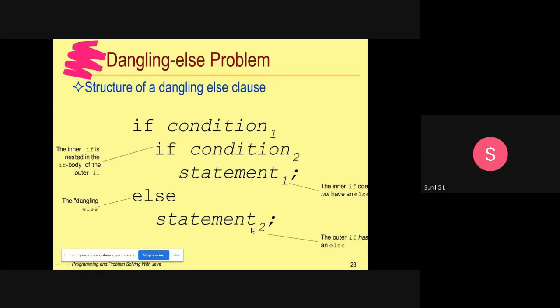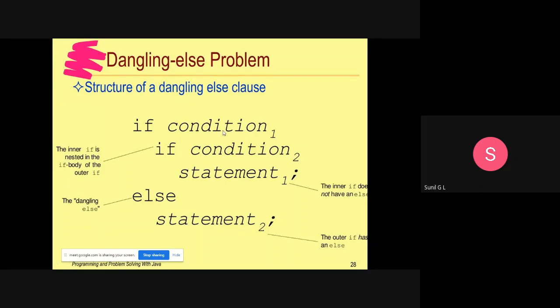But this is wrong, because that else should not be executed. So this one we call the dangling else problem, because the else is wrongly executed when the first if condition is false.